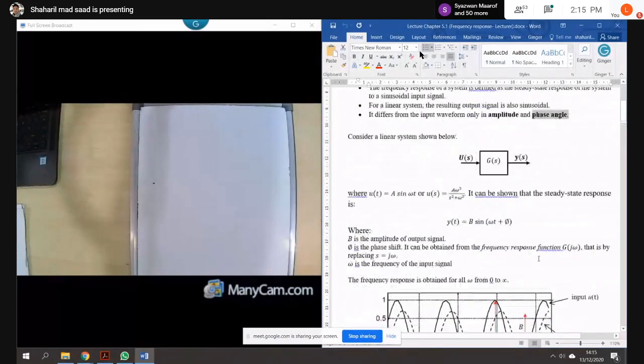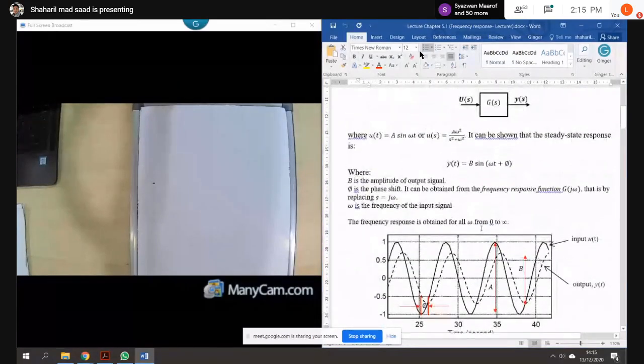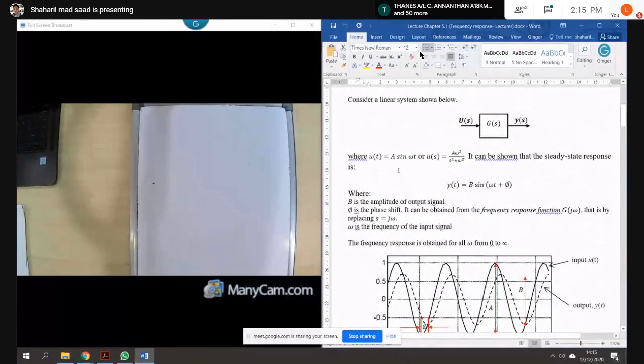Let's look at this one. If the input is, for example, a sine wave, you will have the frequency there, and the output will have the same frequency, but with a phase shift. So this is why we call it phase shift.